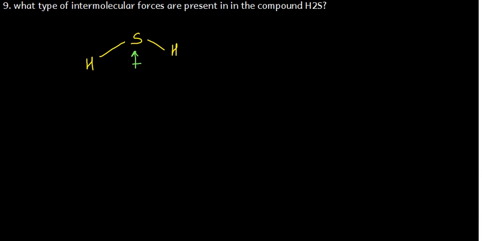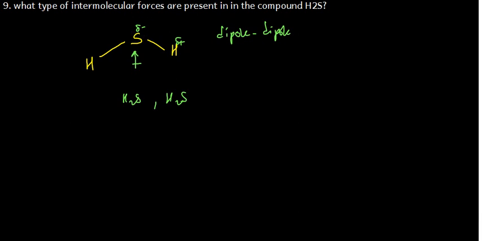Firstly, due to the net dipole, this compound can have dipole to dipole interactions. The dipole to dipole interactions can be if you have H2S and then another H2S. This can attract each other in such a way that this is going to have a partial positive charge, and this is going to have a partial negative charge because it is attracting electrons, being more electronegative.